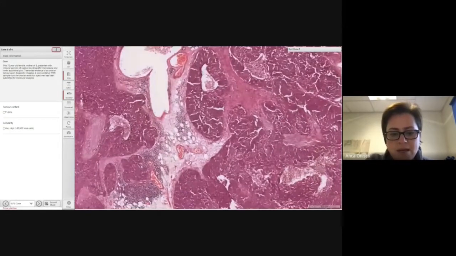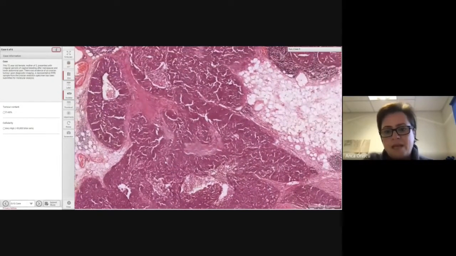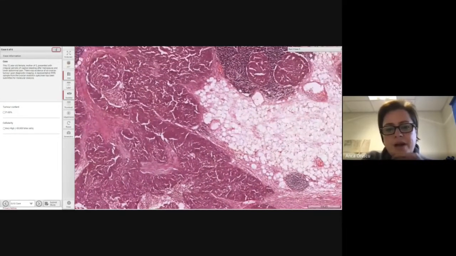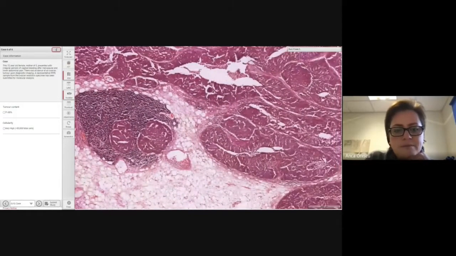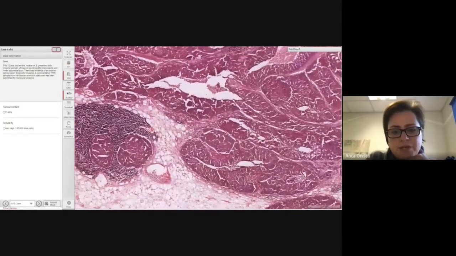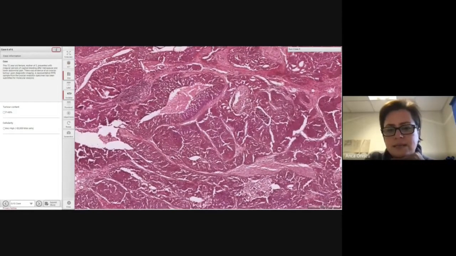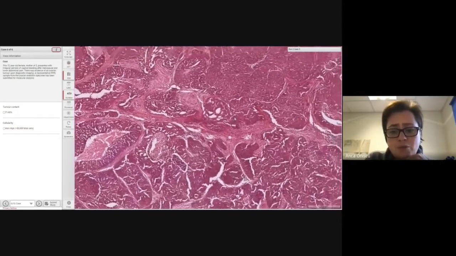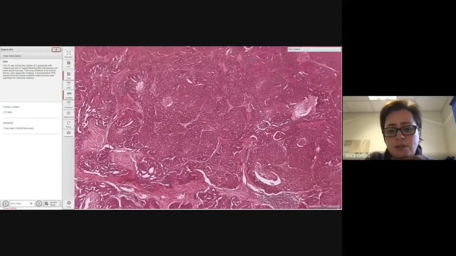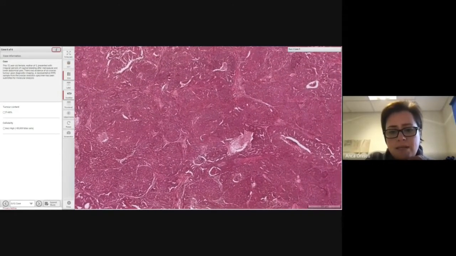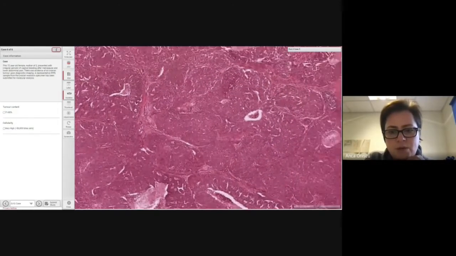There are some areas that look slightly different, a slightly different color around the tumor, and those are the areas that show some lymphocytic infiltration. That's a lot of tumor, some central necrosis in some of these areas, but the tumor cellularity seems to be very, very high. There are a lot of solid tumor nodules, and some areas with very little stroma in between these tumor nodules.